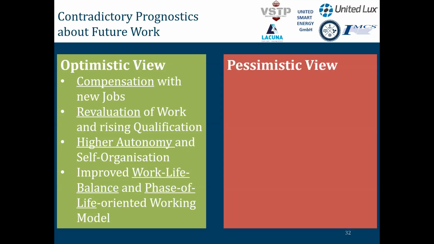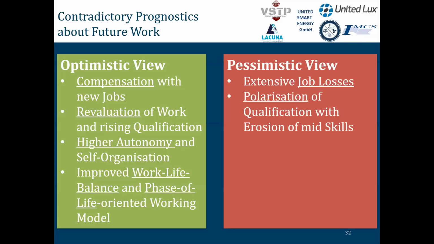The view of other experts is that jobs will go down, so there will be job losses. Then there is also a polarization of qualifications. Mid skills will somehow be gone, so there are lots of low-skill jobs and then the experts at the top. Then Amazon, for example, has online tools to control their people.